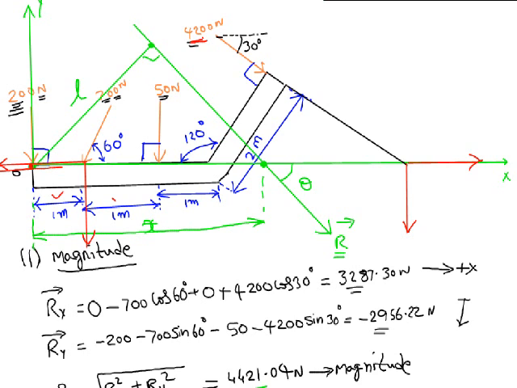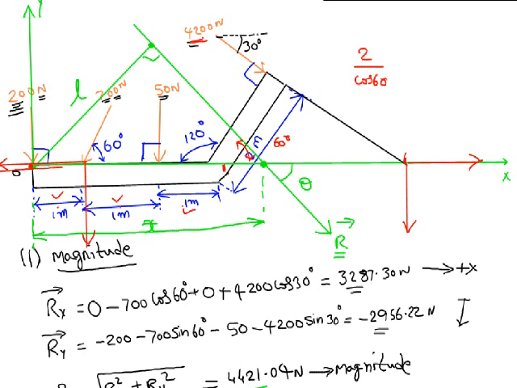You have 1 meter plus 1 meter plus 1 meter plus the distance from here to here, which we can quickly find is 2 divided by cos 60 degrees, because this angle we are showing here is 60 degrees. So we have 1 plus 1 plus 1, that is 3, plus 2 by cos 60.